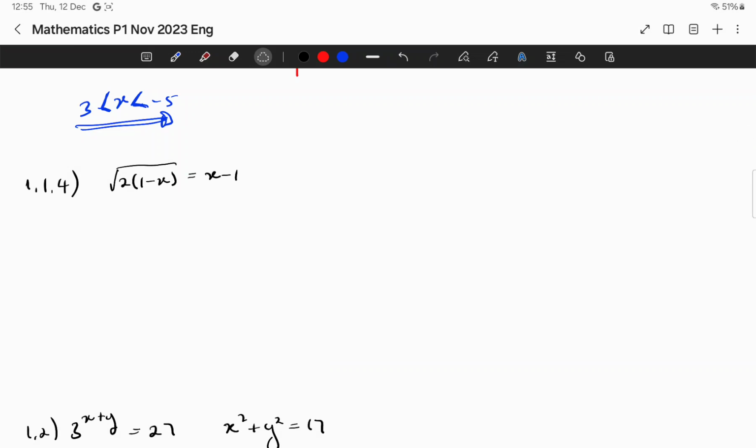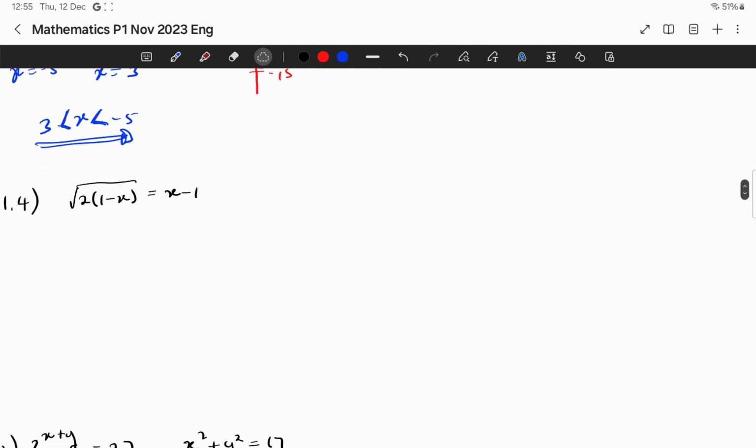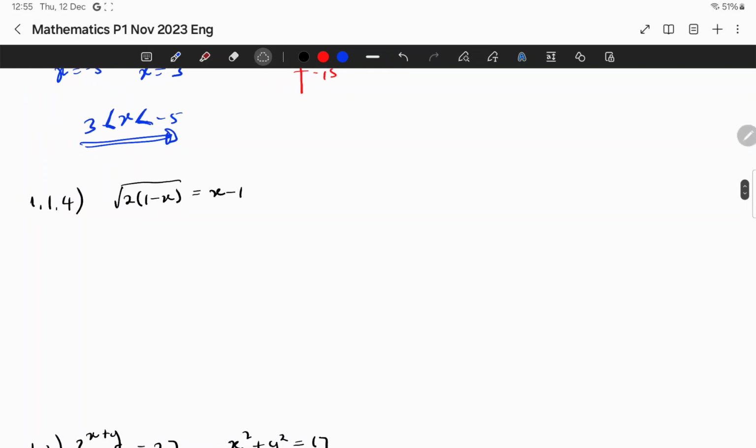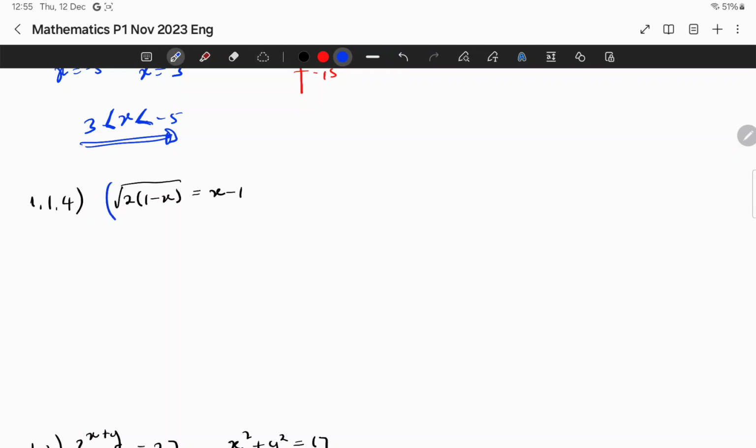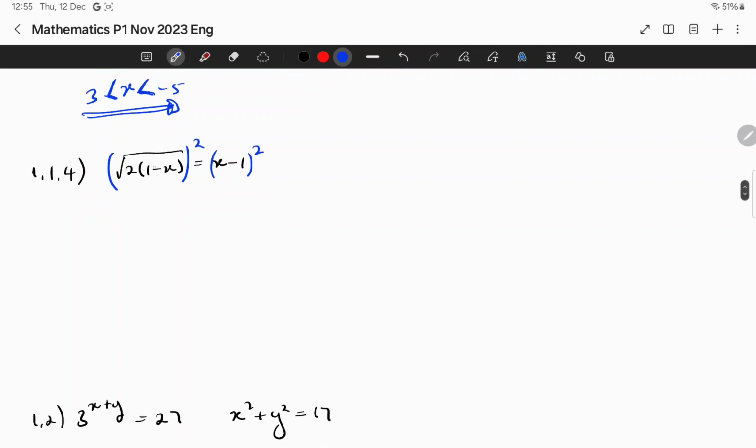The first step towards simplifying this: we do not want to work with any square roots or radicals of sorts. So you want to simplify this by squaring the equation on both sides. If you square, this just removes the square root.